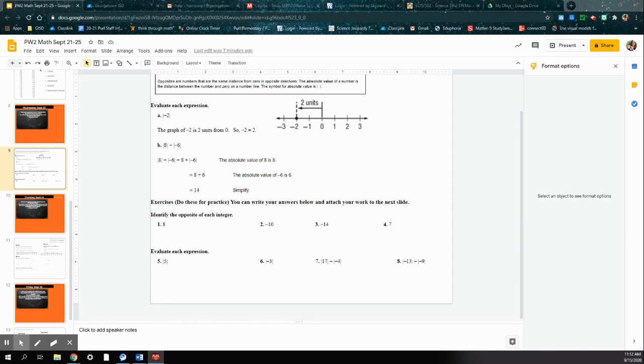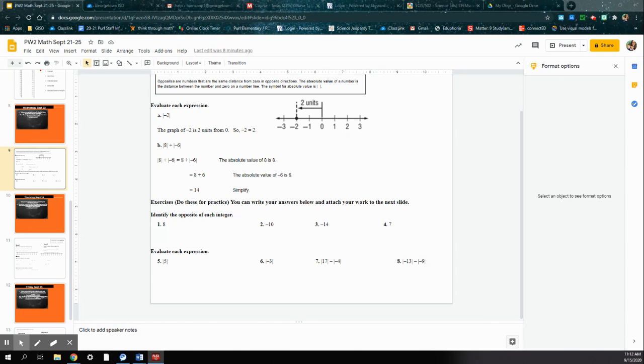Now we're going to evaluate this next expression. So this says the absolute value of -7 minus the absolute value of 3. So what is the absolute value of -7? Remember, it's that distance from 0. And we figured that out earlier. That's 7. Minus the absolute value of 3.